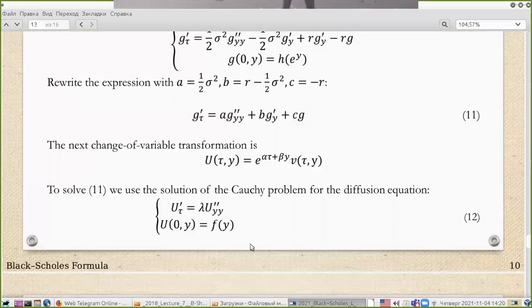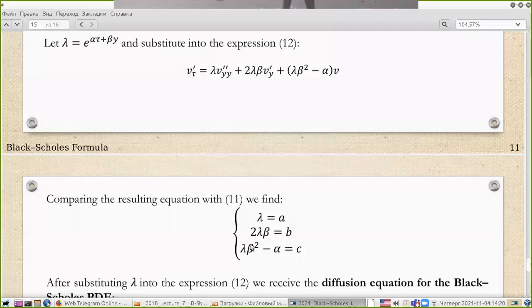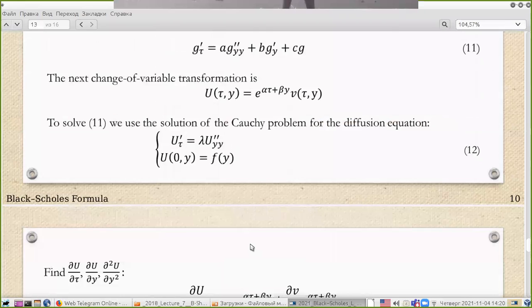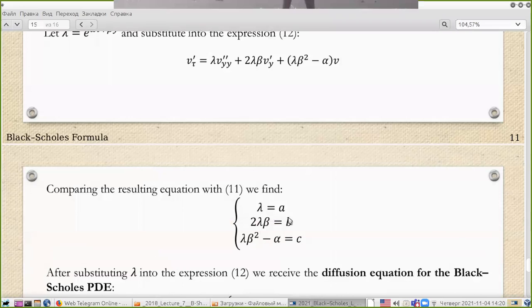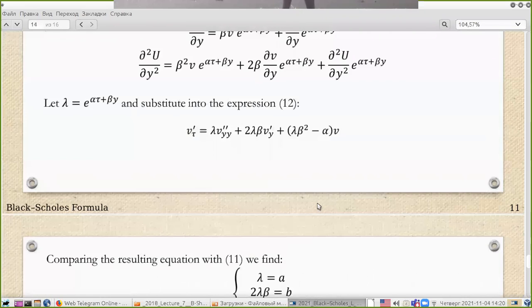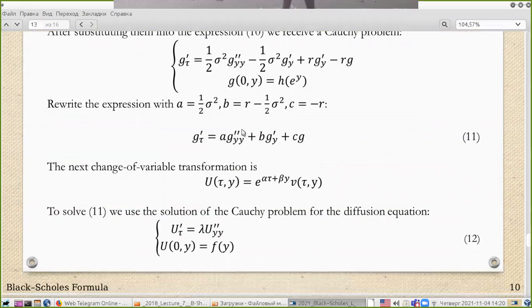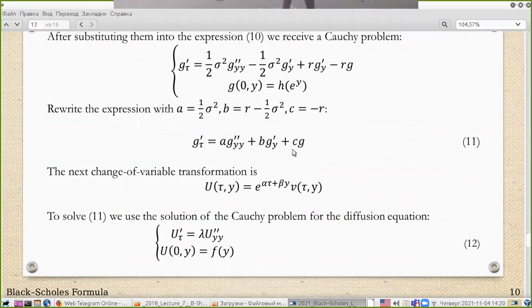This is only for defining A, B, and C. So comparing the resulting equation with 11, you see this 11, yes, this A, B, and C. A before the second derivative, B before the first derivative, and C before G.